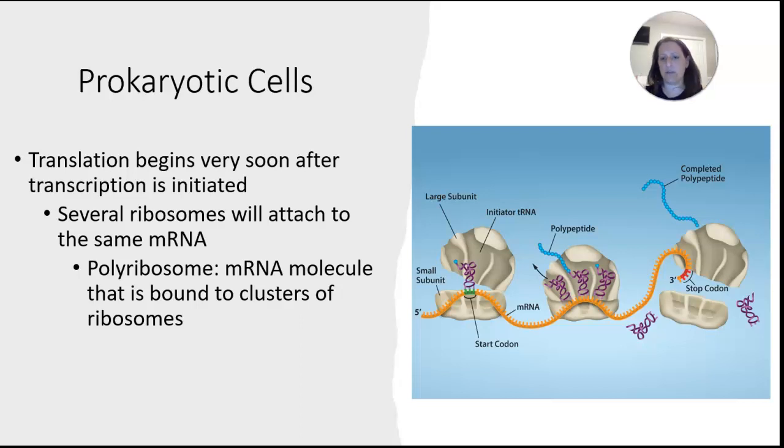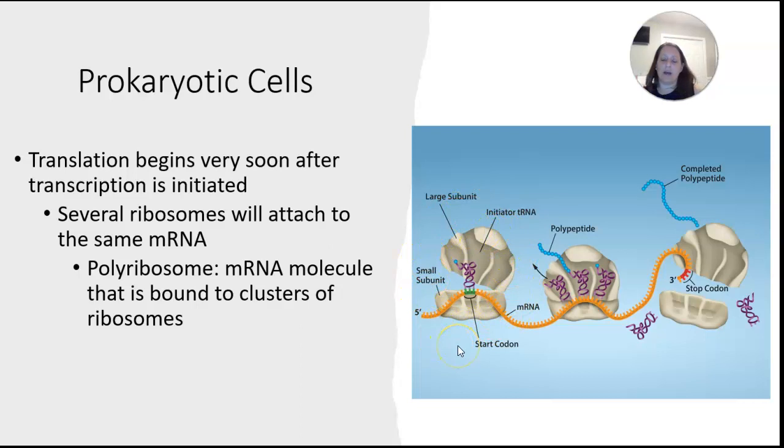So what is this? You can see this is an mRNA molecule right here in orange. You've got one ribosome that's already finished translating it and already released its polypeptide. You've got a second ribosome that's already bound to it before the first ribosome's even done. It's getting close to the end, and now you have a third ribosome starting the process.